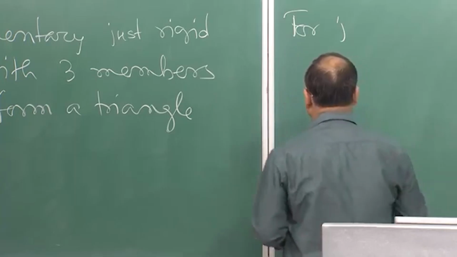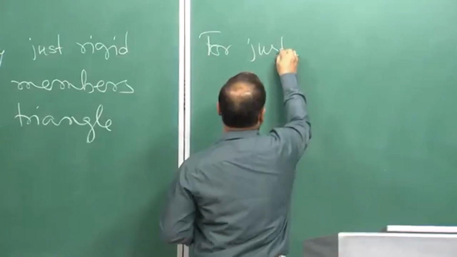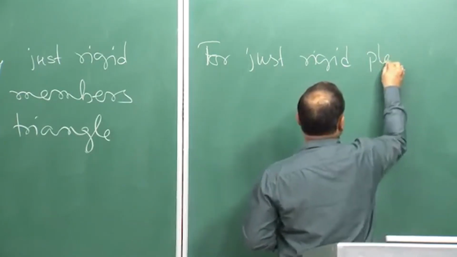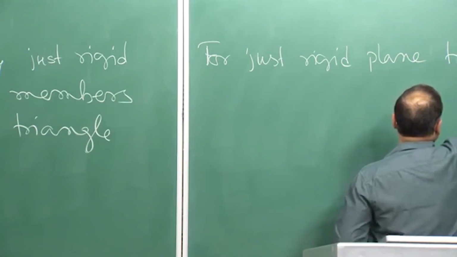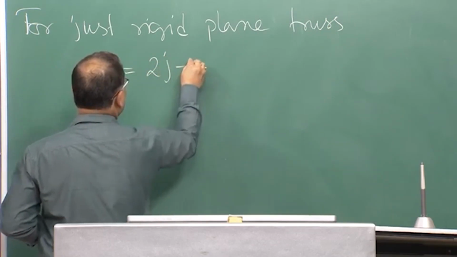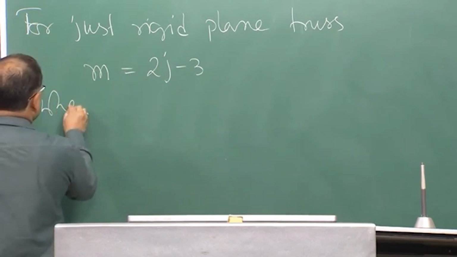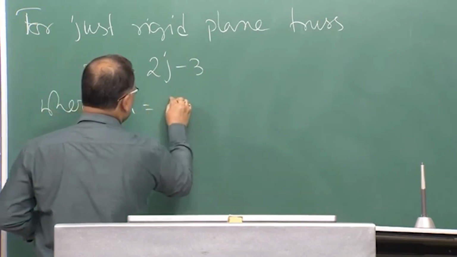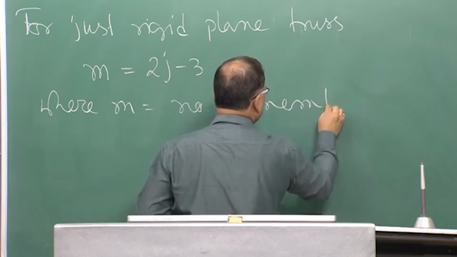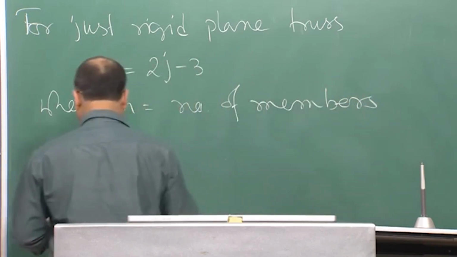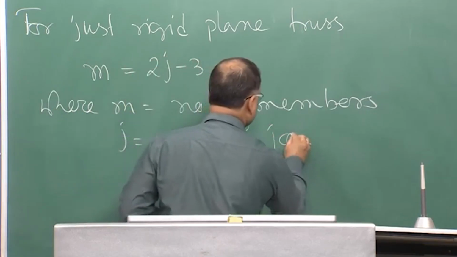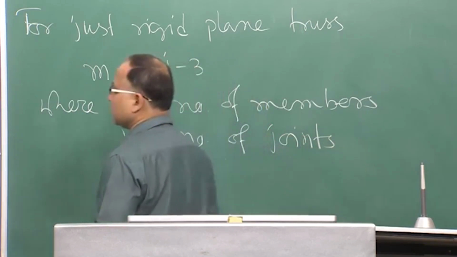There is a law. For a just rigid plane truss, m equals 2j minus 3, where m equals the number of members and j equals the number of joints.